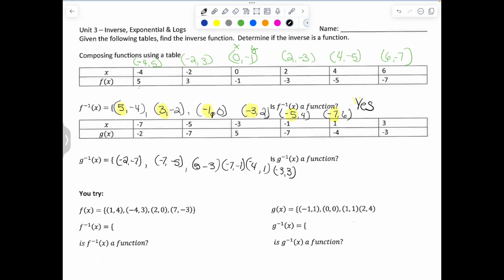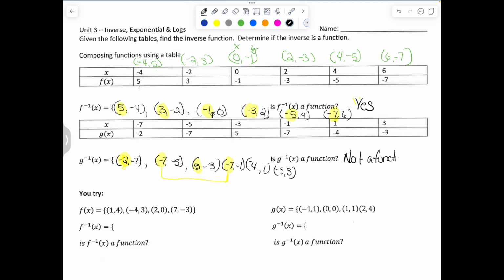So is the inverse a function? Where is there any place where my x repeats? Oops, sorry, wrong one. We have (-2, -7), (5, -7). Okay, wait a minute, we have to stop there. Since -7 repeats, the inverse is not a function.